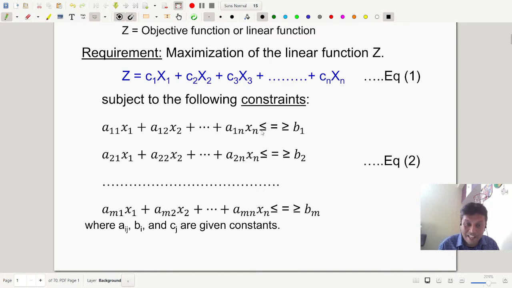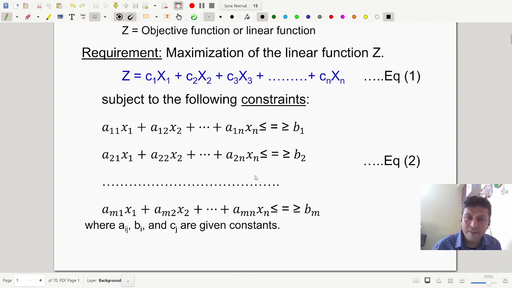It can be less than or equal to, it can be equal to, equality, it can be greater than or equal to. So that depends on the problem. And lastly, you have am1 x1 plus am2 x2, etc. amn xn less than or equal to, greater than or equal to bm, where aij, bi and cj are given constants. So these are the constraints.